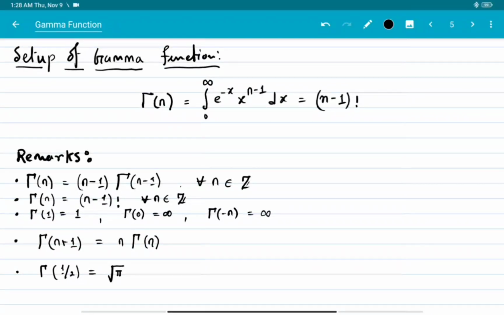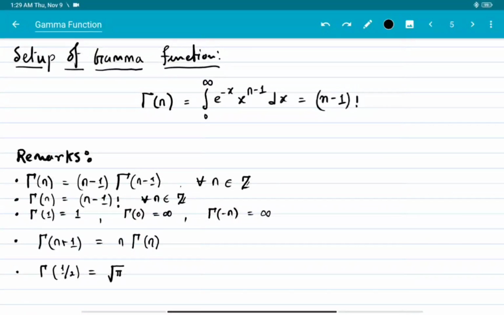There are some remarks that are important while solving problems. The first remark is gamma n equals n minus 1 times gamma n minus 1 for all n belonging to the positive integers. Next, gamma n equals n minus 1 factorial, gamma 1 is always 1 and gamma 0 is infinity.